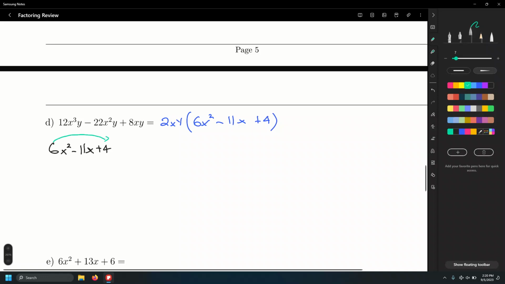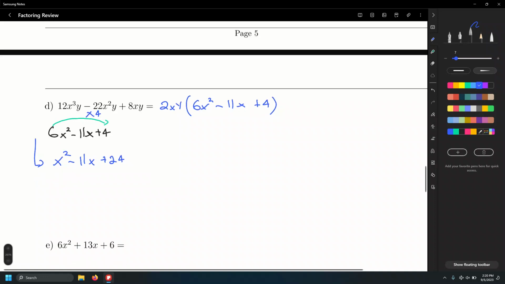We're going to do this, not the diamond method. So multiply 6 times 4. That's going to be 24. So the 6 disappears: x squared minus 11x plus 24.